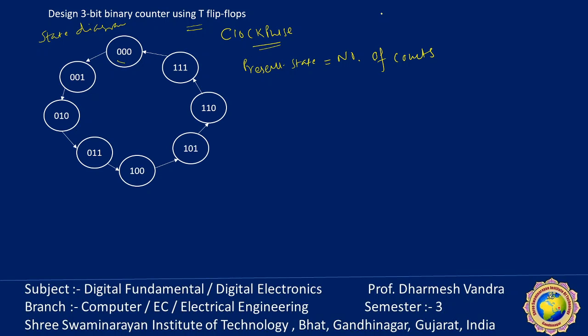So there is no external input and output. Input is the clock pulse and output is the state. This is the beauty of the counter: whatever the present state, it shows the number of count pulses that have already passed through this circuit.